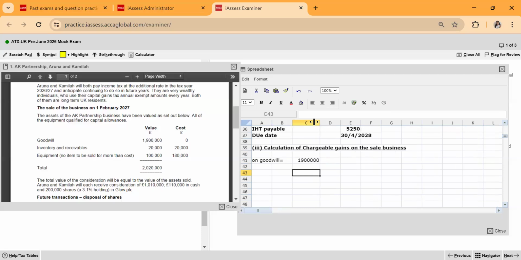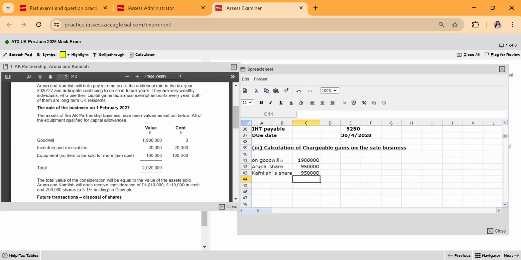Now, the chargeable gain on goodwill for both the partners, Aruna and Kamila: Aruna's share will be 50% and Kamila's share will be 50%. So both will get this multiplied by 50%. Done. We have Aruna's share and Kamila's share.